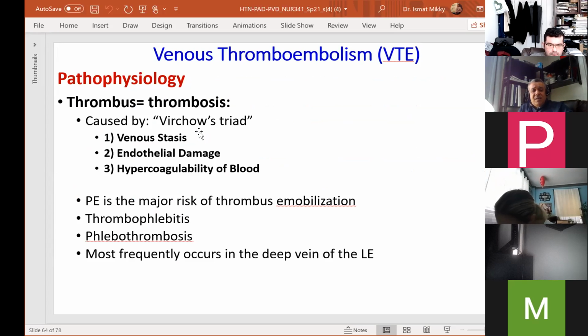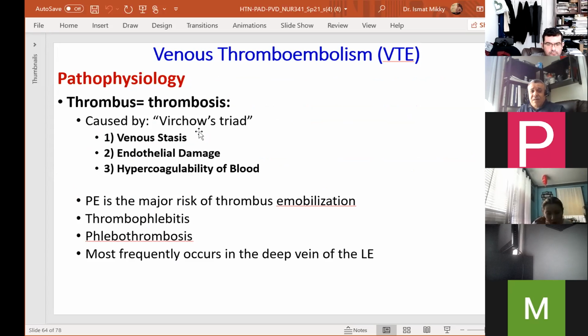So the VTE. We are done with the arterial disease, and now it's a venous disease, which is the thromboses that would develop in the venous system, in the veins. It can develop in superficial veins or deep veins.